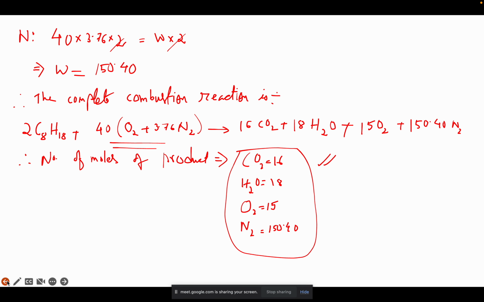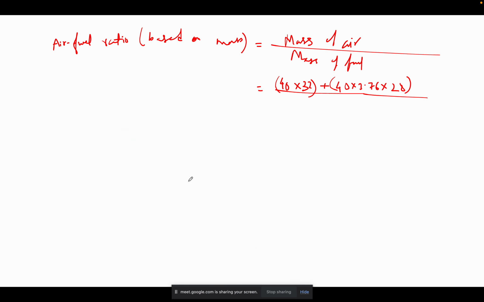Now what is the mass of the fuel? This is the fuel. Okay, so the mass will be 2 times of C8H18. Okay, so what you will get? 2 into 8 into 12. This is for the carbon part, and 2 into 18 into 1. This is for the hydrogen part. Okay, so this is kg of air, and this is kg of fuel.